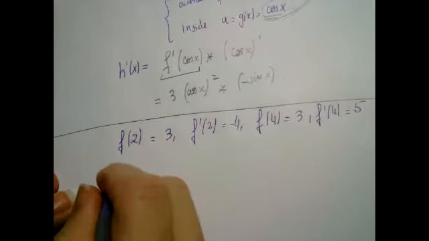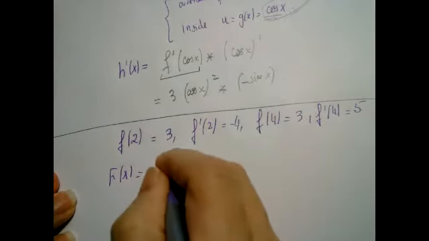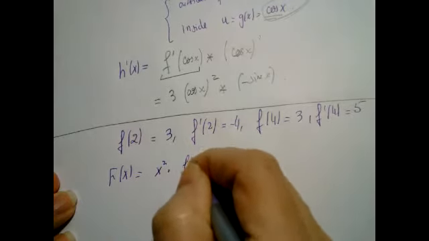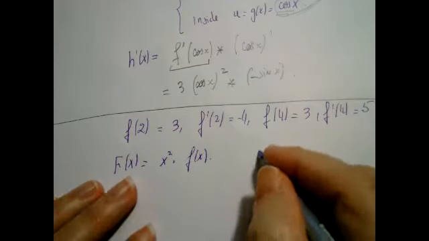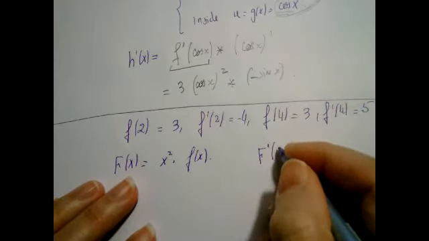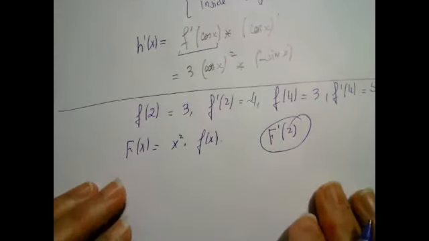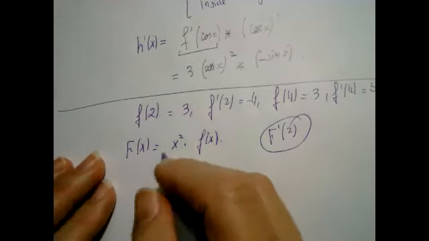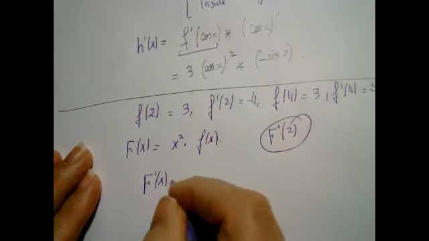I took a function g of x equals x squared times f of x, very much like what we repeated yesterday. The question is, I want you to evaluate the derivative at 2. The first thing you do is find the derivative for any x. You don't plug in 2 yet.